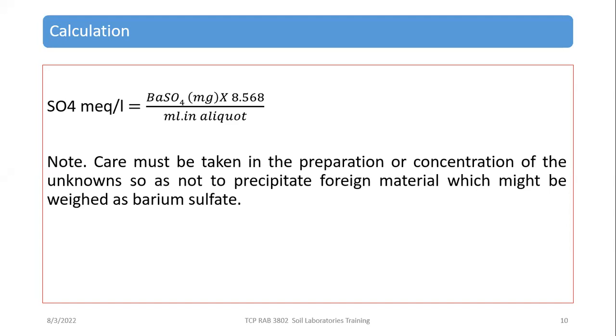There must be some note that other materials in the unknown can also precipitate, so you have to take care of foreign material which may be weighed as barium sulfate.